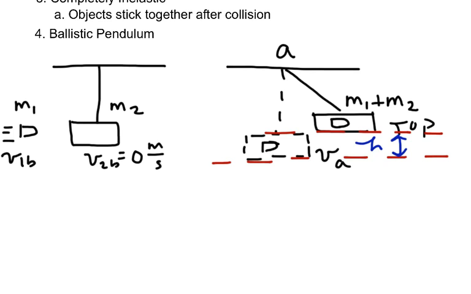And the goal for this example is to find an expression between V1b and the height that I've written in blue, the maximum height that the bullet and the hanging block reach at the top of the swing.